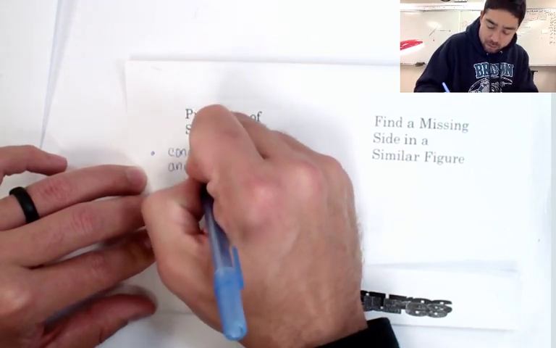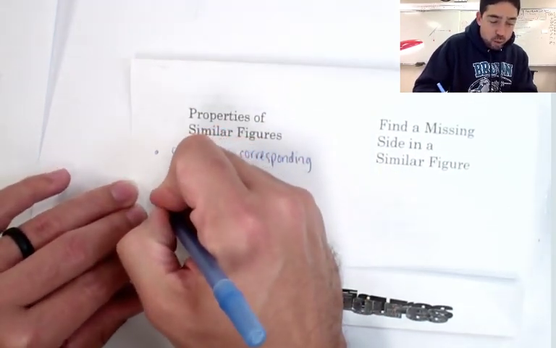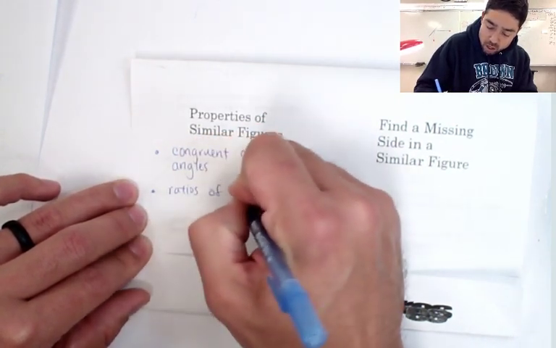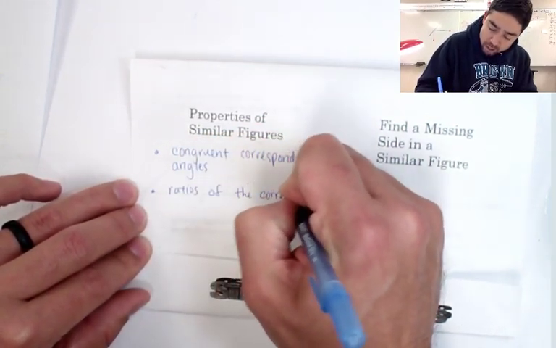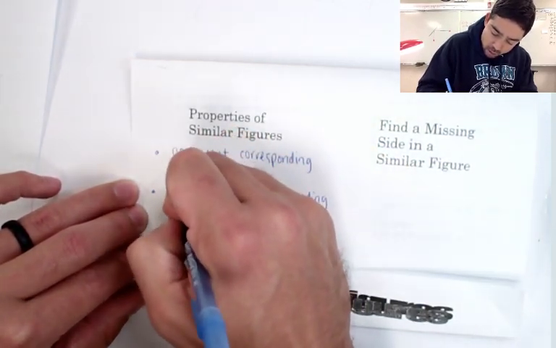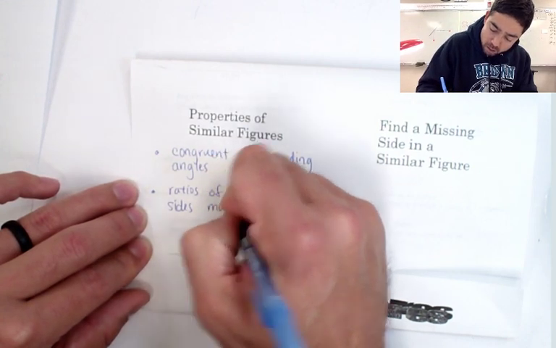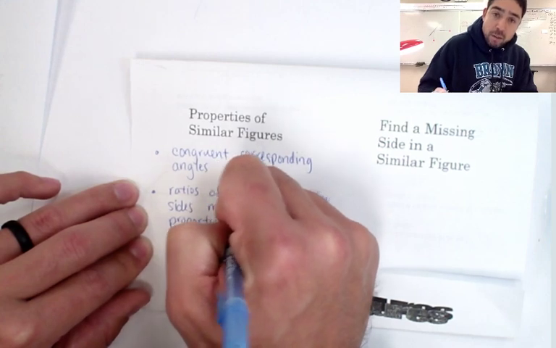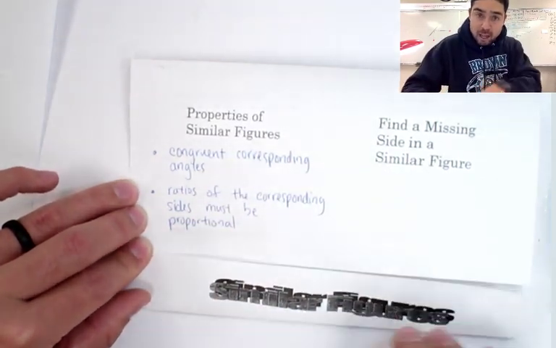And you'll see what I mean by that in just a moment. And two, the ratios of the corresponding sides must be proportional. And we've been talking about that concept of proportionality a lot lately.